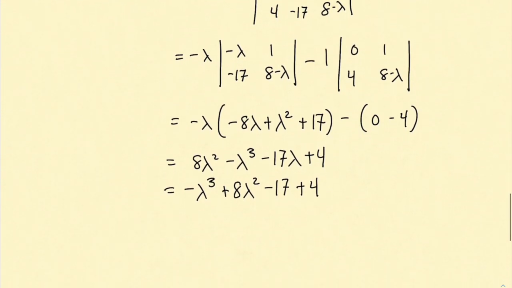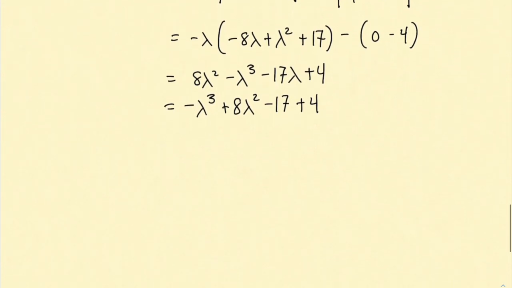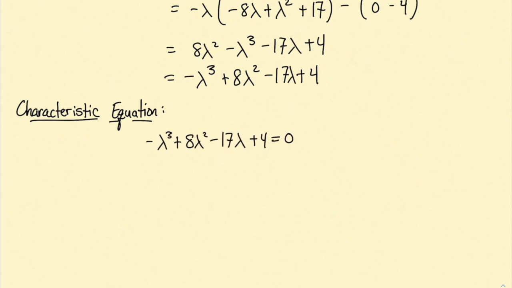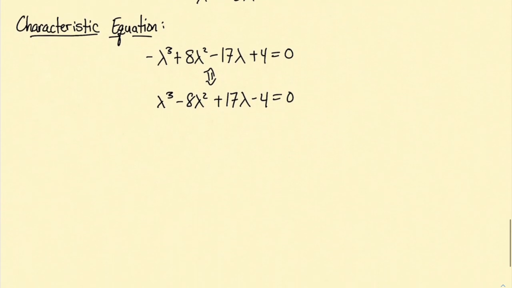Now that we have the characteristic polynomial, we get the characteristic equation by setting this equal to 0. And of course, I like to think about my leading term as being positive in this case, so I'm just going to multiply both sides by -1.